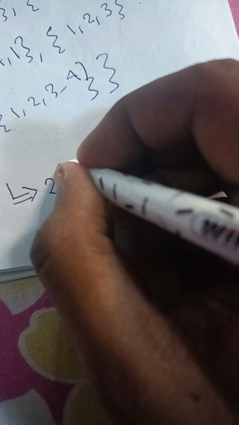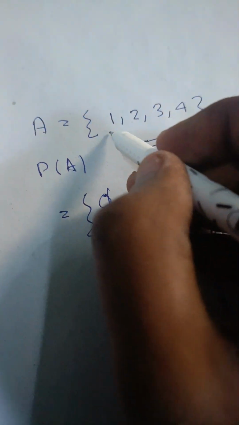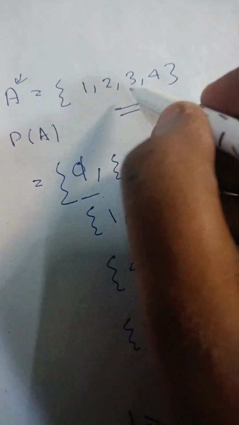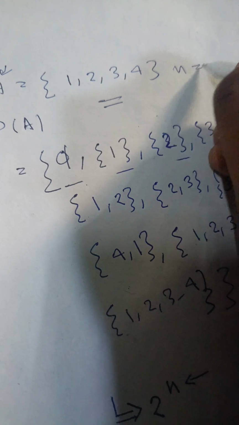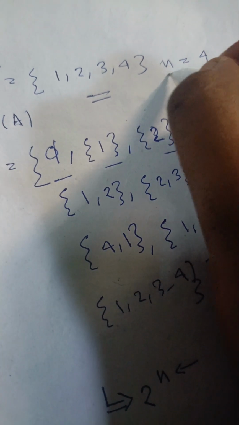So we have a formula to calculate how many elements are there in the power set, if the set is given and we know the cardinal number. What is the cardinal number? n is the cardinal number. Cardinal number means how many elements are in set A. The cardinal number is 4 here.